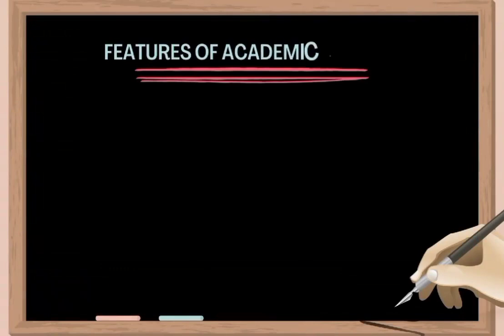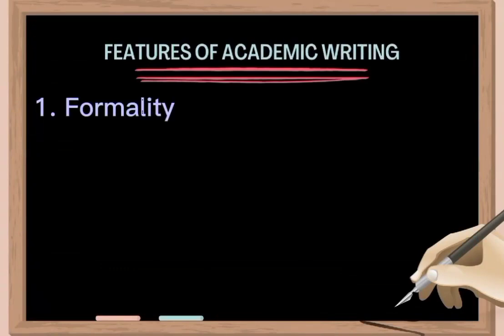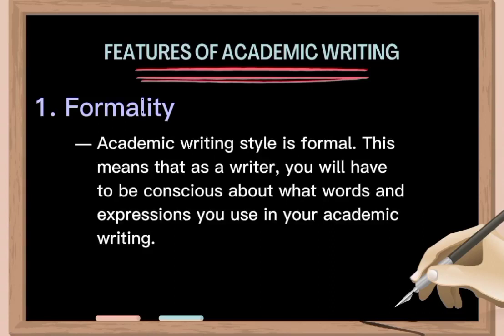Features of academic writing. 1. Formality. Academic writing style is formal. This means that as a writer, you will have to be conscious about what words and expressions you use in your academic writing.